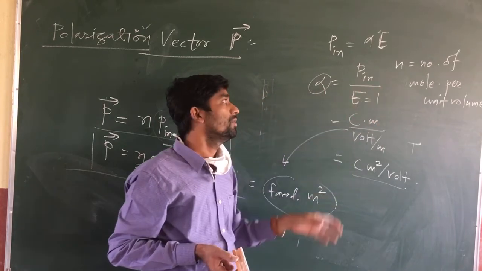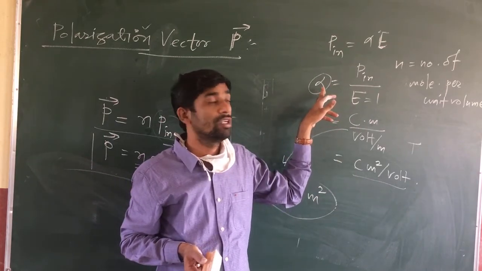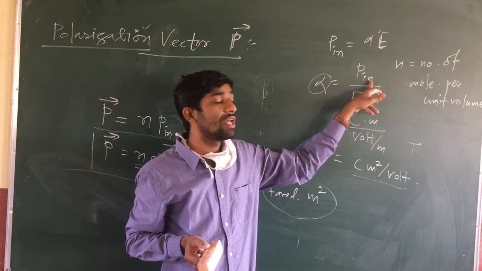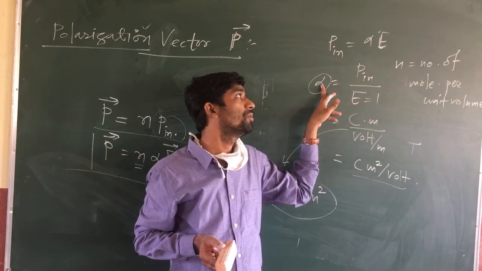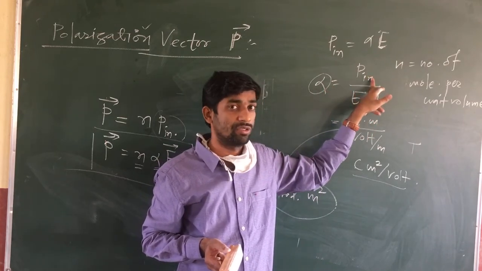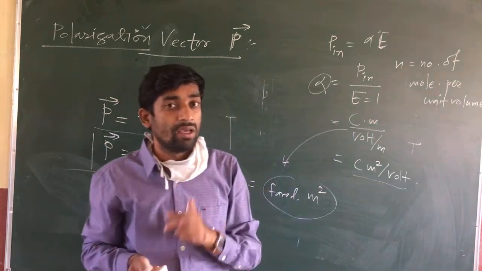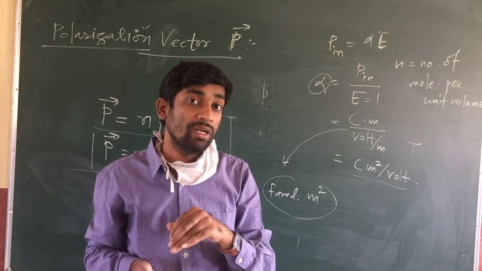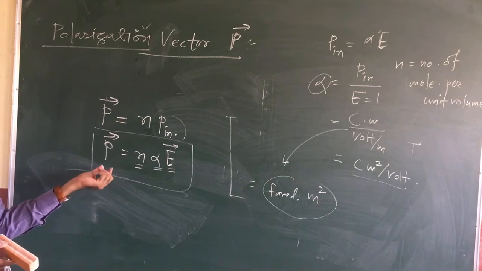So that is how you define the polarizability constant: alpha is equal to P induced when the electric field has value 1.